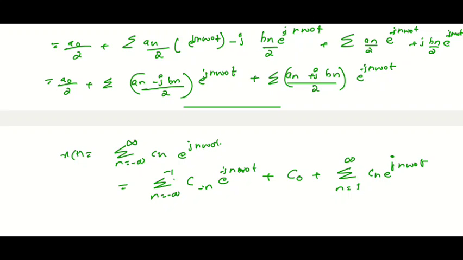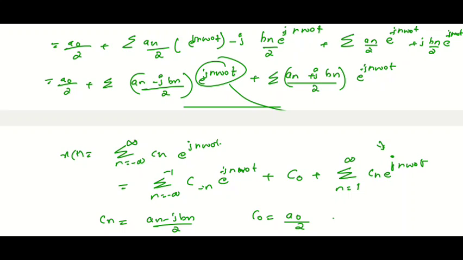So comparing, we will get Cn equal to an minus j bn divided by 2, because e raised to j n omega 0 t is over here, and the other one c0 equal to a0 divided by 2 and c of minus n equal to an plus j bn divided by 2.